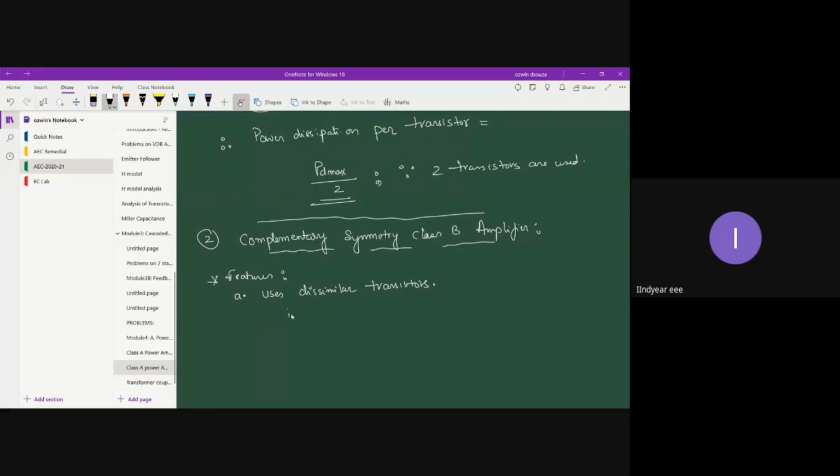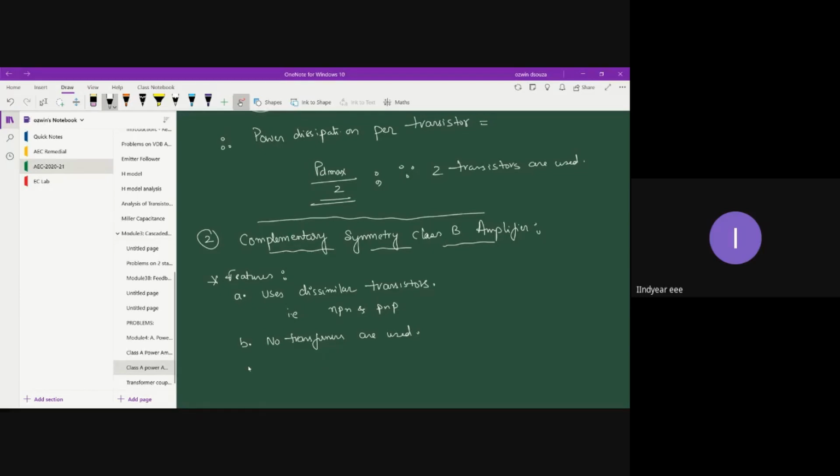So that's the first and noticeable difference from the previous one. And the second major difference is that no transformers are used. So these are the unique features of the class B power amplifier.